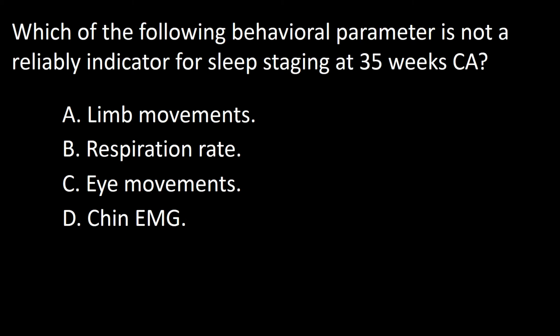Next question. Which of the following behavioral parameters is not a reliable indicator for sleep staging at 35 weeks conceptual age? A. Limb movements. B. Respiration rate. C. Eye movements. D. Chin EMG.